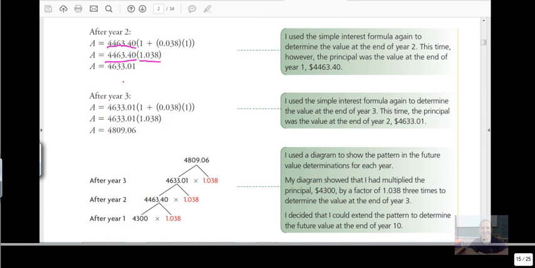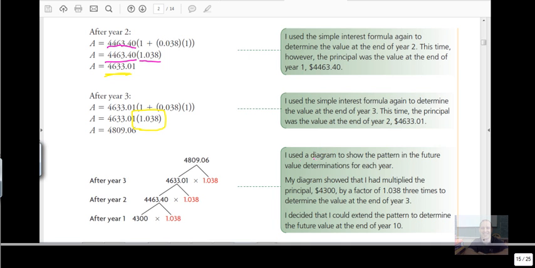Third year, we take the brand new value here, and we multiply it by 1.038. So you see a pattern here. We're taking the money from the previous year, multiplying it by 1 plus the interest rate for each year's interest. Now the interesting part comes down here when you see this little chart.